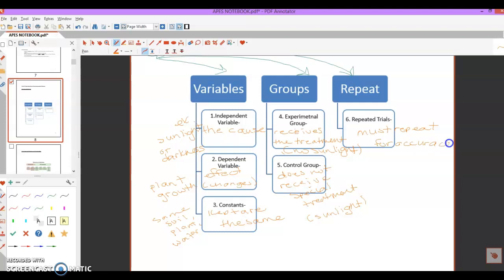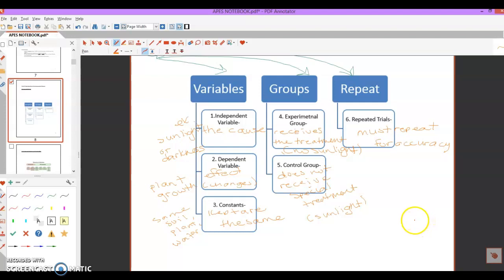Let's think about this, guys. In the world of COVID, which we live in now, and they're working on a vaccine, do we want a vaccine where they've just tried it on one person? You have to try it on multiple people to know the impacts of it long-term and short-term on human health. So that's why you have to have repeated trials.